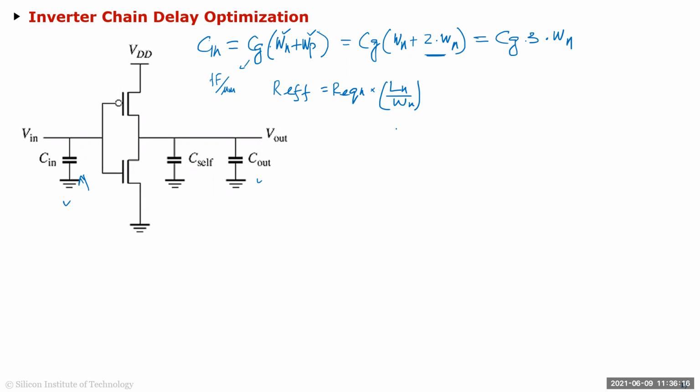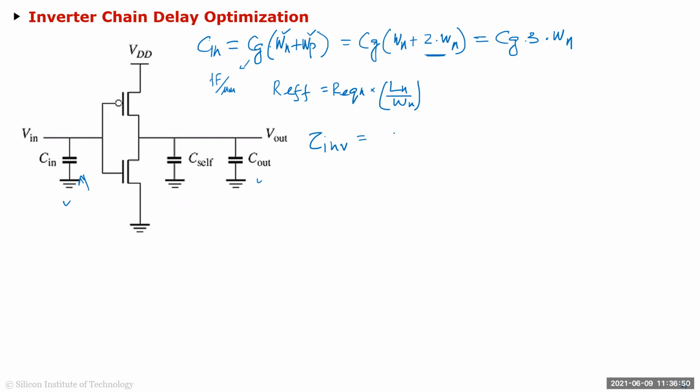So if I want to calculate the self delay of the inverter, or the inverter's delay, so tau inverter, I want to see what the delay is for this equivalent R and C in, not C out, because I want to see, as I'm increasing my sizes, how I am increasing my input.